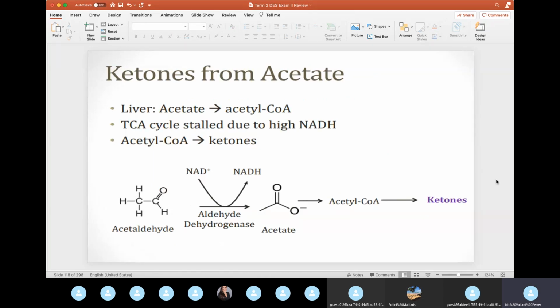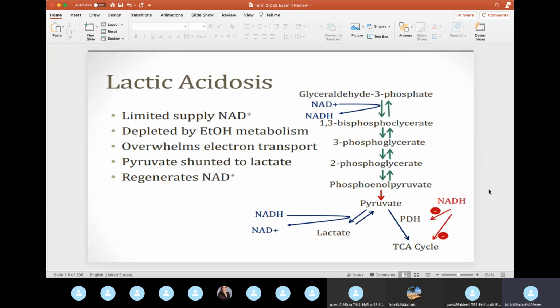So what happens for the ketones from your acetate? Of course, acetyl-CoA can be converted into ketones. From acetate to acetyl-CoA, since the TCA cycle is not working due to high NADH, the acetyl-CoA can be converted into your ketones. I've talked about lactic acidosis.